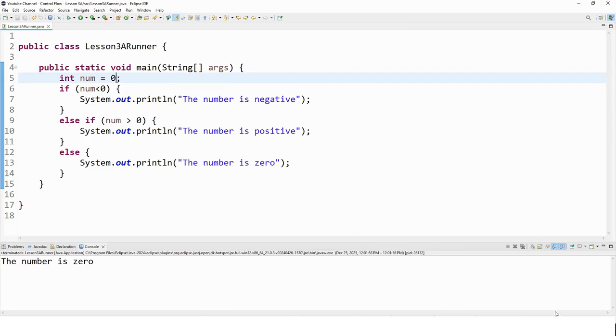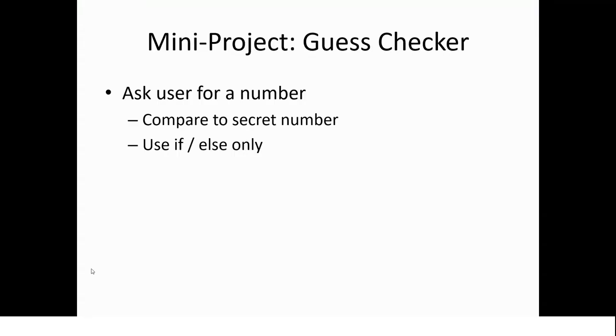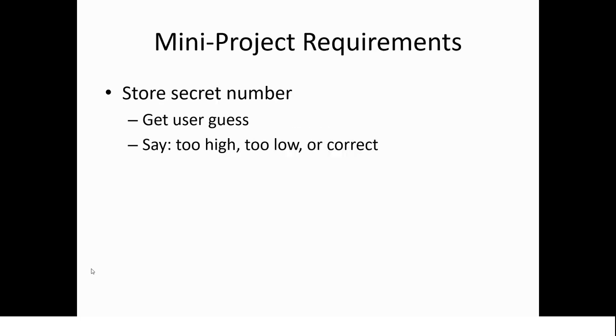So you'll see that this is how the syntax for if, else if, and else looks. Now we have a mini project. This is like a guess checker. You're going to ask the user for a number, and then we'll compare that to a secret number that will be in our code, and you'll use if and else only.